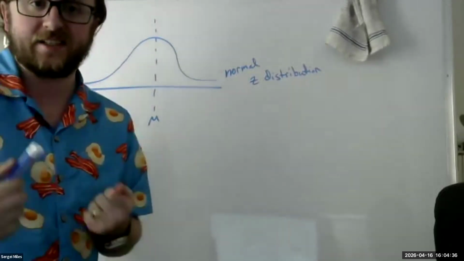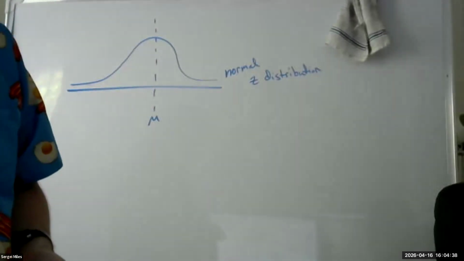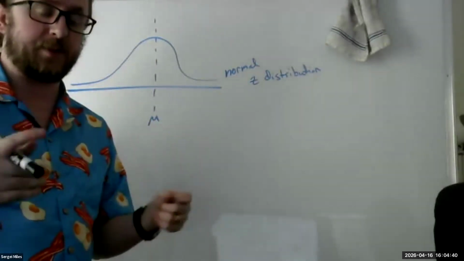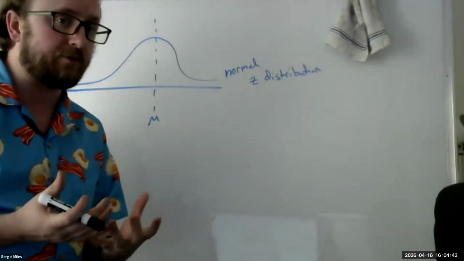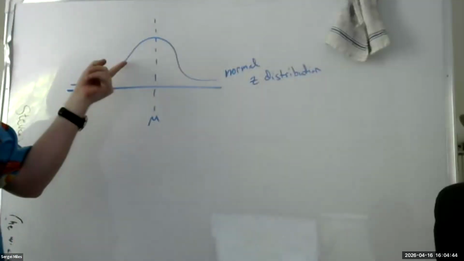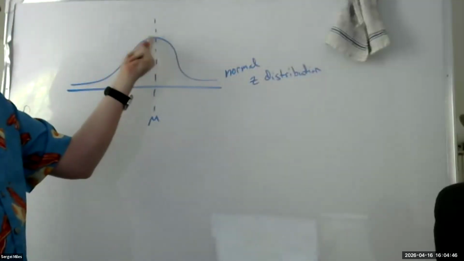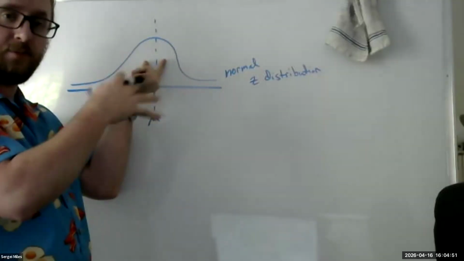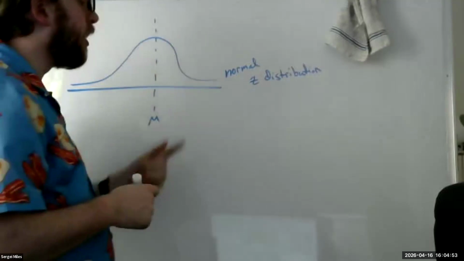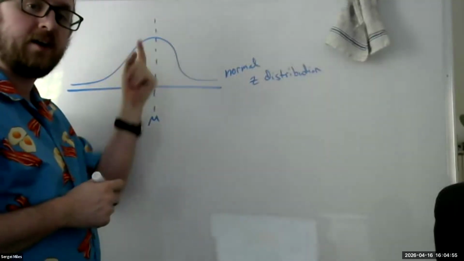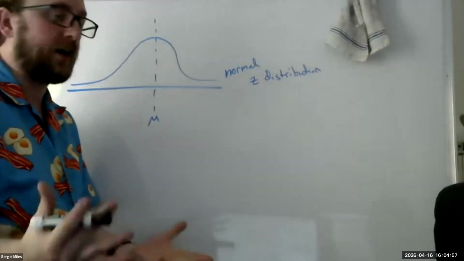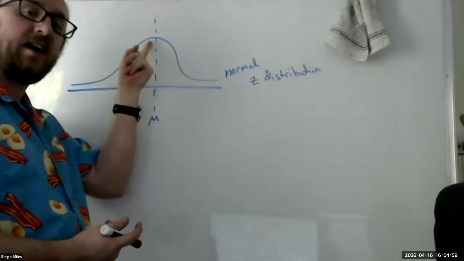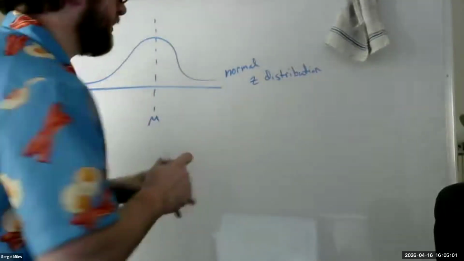But for a t distribution, I have a small sample size. Because the sample size is smaller, I'm not able to get this large frequency clustered in the middle. I might still have some kind of hill shape around where the average is supposed to be, but it's not going to be as extreme because the sample size is smaller. I can't reach a frequency that high with a smaller sample size.